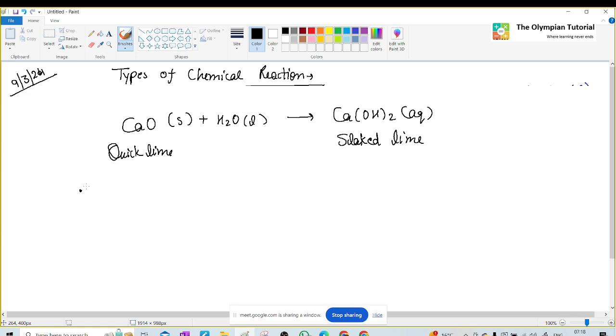Calcium hydroxide reacts slowly with the carbon dioxide in air to form a thin layer of calcium carbonate on the walls.